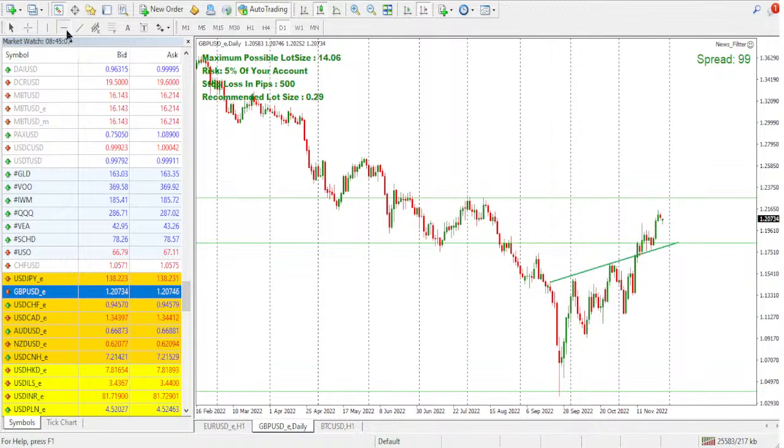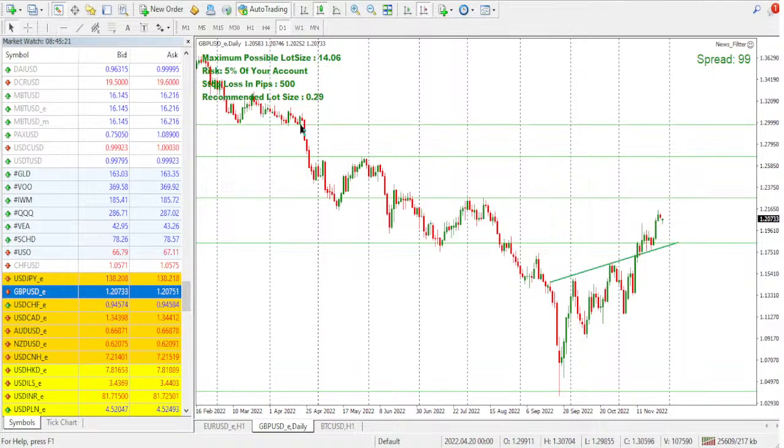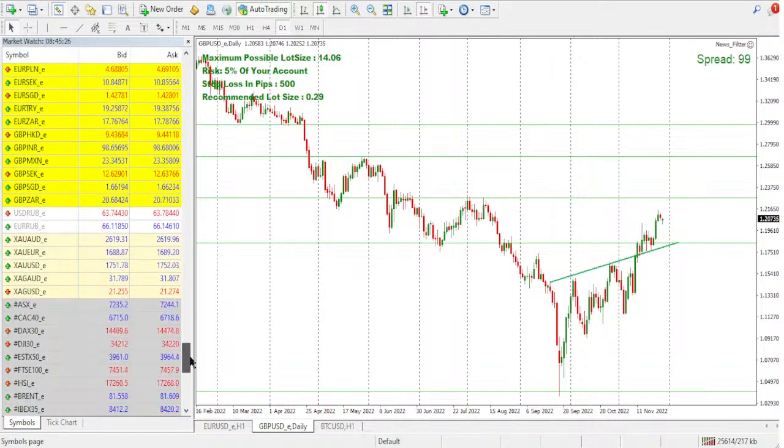If that target is broken, the next target is this one. So we're going to watch for buy positions, expecting the buyers to push us upwards up to this target. The next target is this one. If this target is broken, the next one is this one. That is my opinion on that instrument.